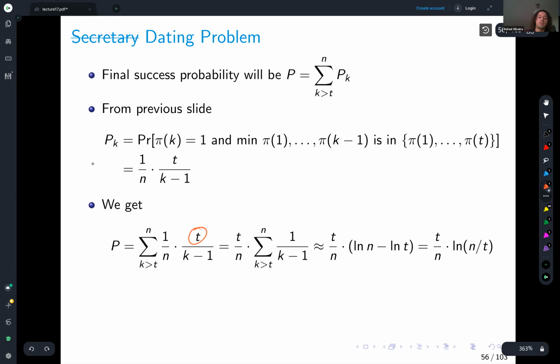They don't depend on K, and this sum is over K. So we can extract T over N from the equation, and then we have the sum of 1 over K minus 1 for K going from T up to N. But then we know, by the harmonic series, that this is exactly equal to log N T minus log N N. So in the end, our probability of success will be T over N times the natural log of T over N. Does that make sense?